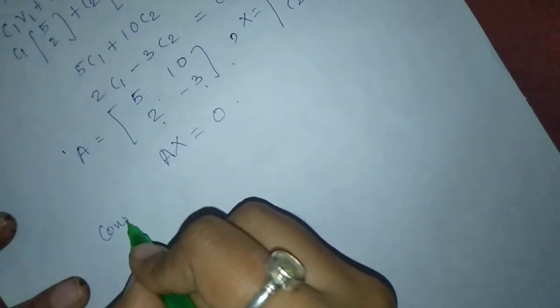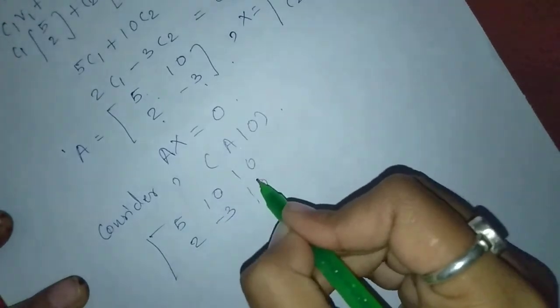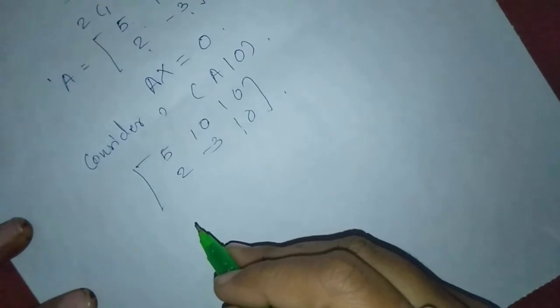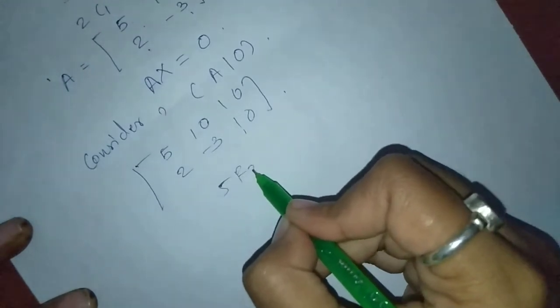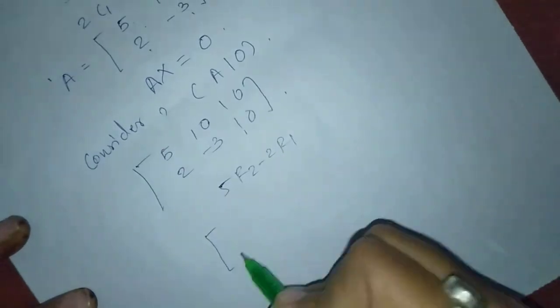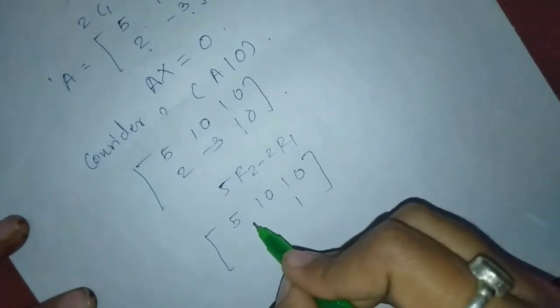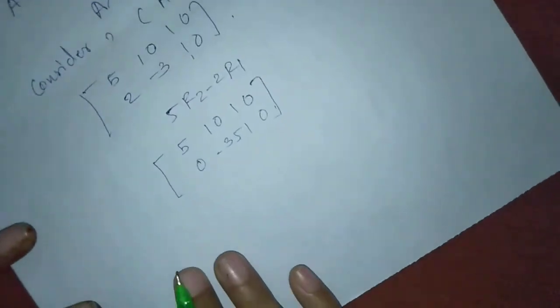Now consider the augmented matrix [A | 0]. So we get (5, 10; 2, -3) augmented with the 0 column. Now convert it into row echelon form by applying suitable row operations. First row operation, 5R2 minus 2R1. The first row stays as it is, and the second row becomes (0, -35, 0).